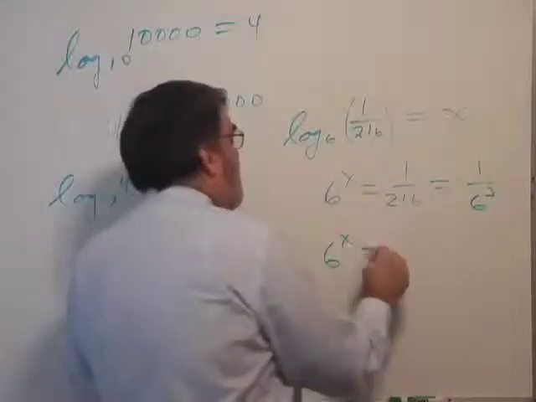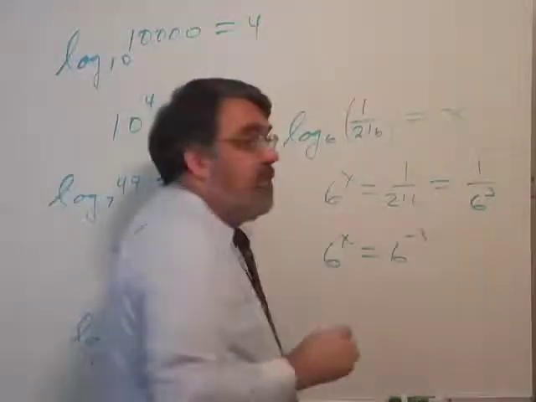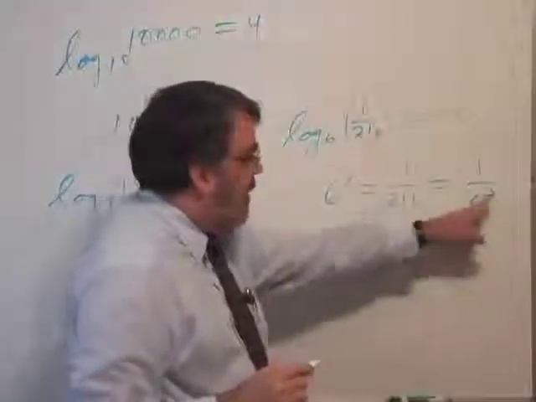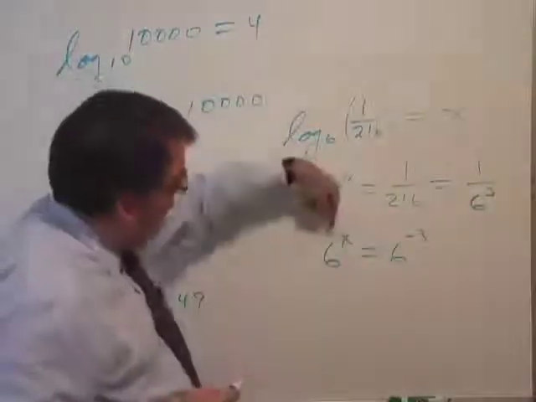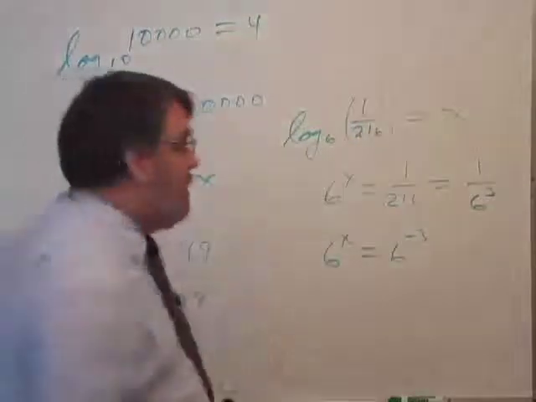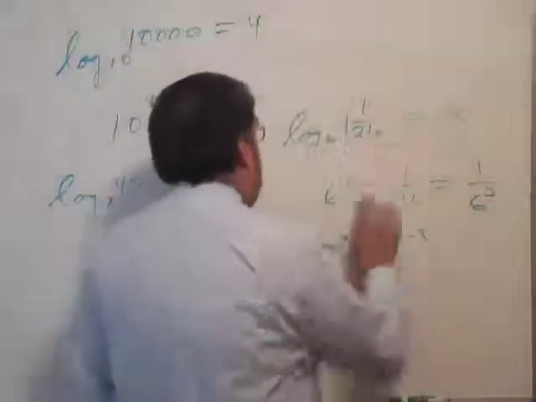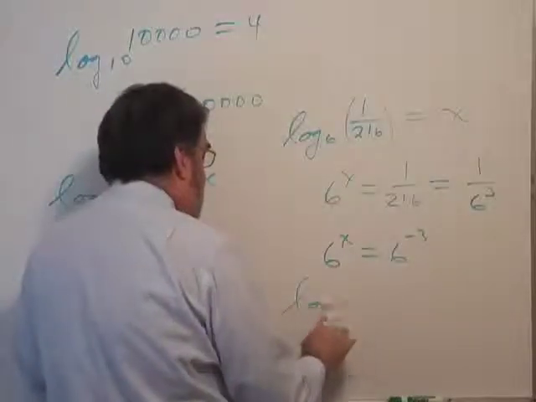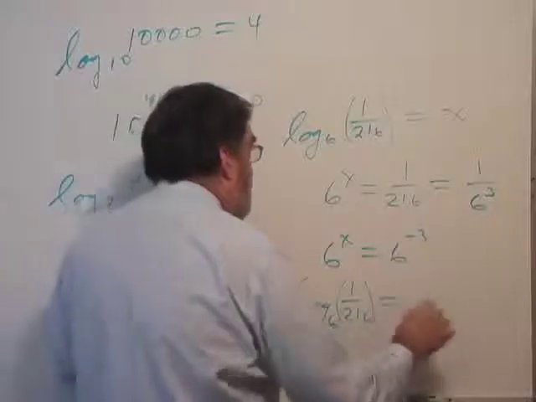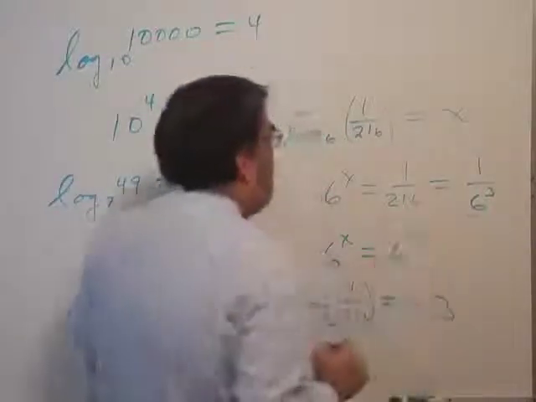So 6 to the x is 6 to the negative 3rd power, because if I bring this number up to the numerator, then I've changed this exponent to a negative. So 6 to the x is 6 to the negative 3, then I think you'll agree that x is negative 3. So I can say then that the log of 1 over 216 base 6 equals negative 3.